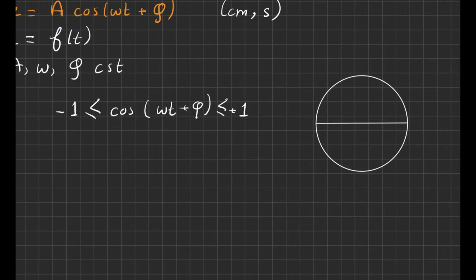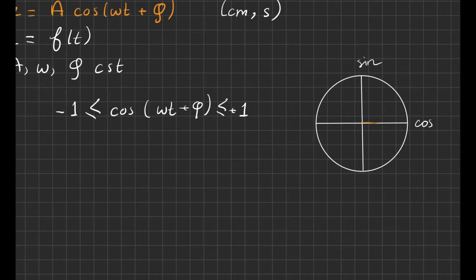I'm going to draw again the axis. So this is the cosine, and here is the sine. Remember, the vertical one is the sine, and the horizontal is the cosine. Okay?